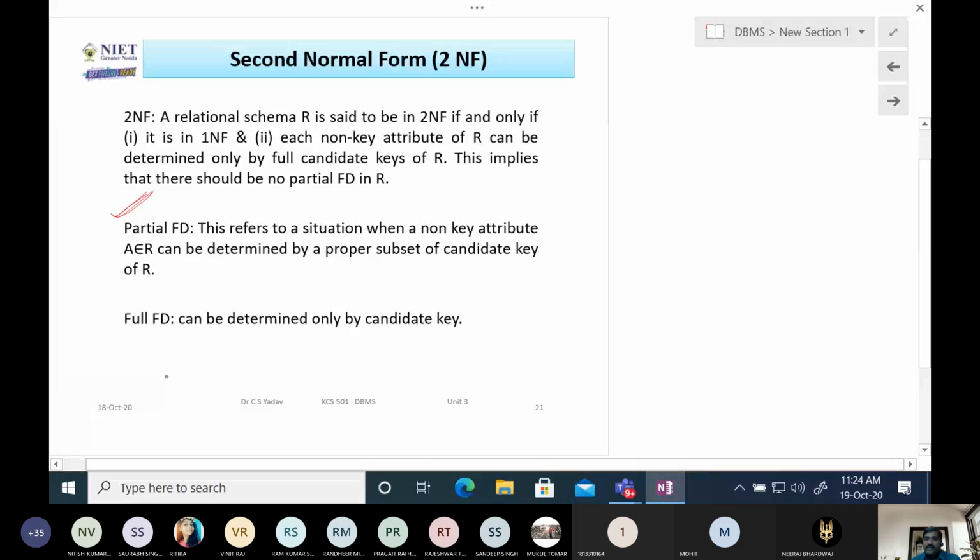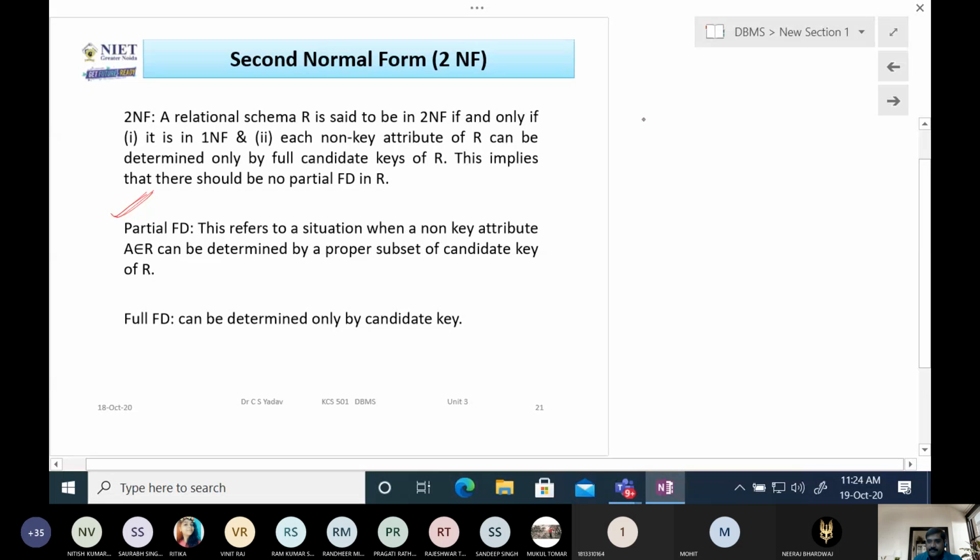A relation is said to be in second normal form if and only if it is in first normal form, and all non-key attributes are fully functionally dependent on the candidate key.